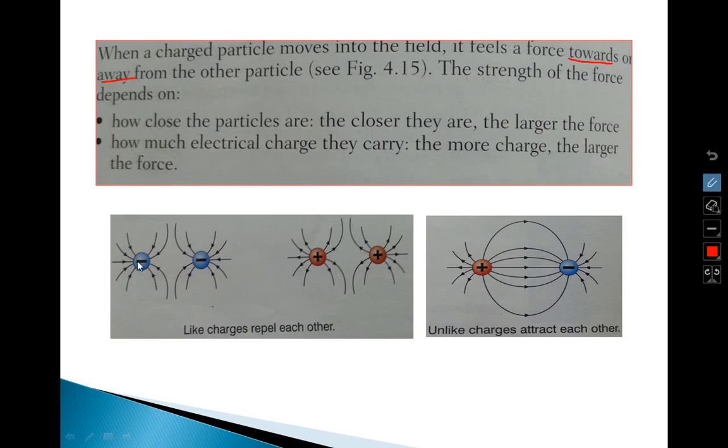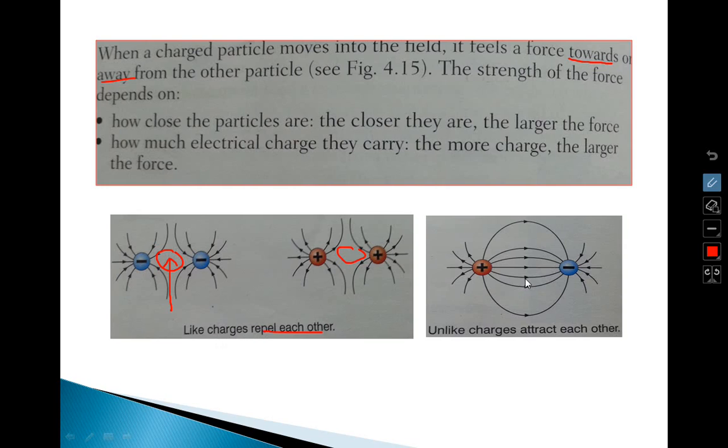Here it's a minus 1, so there is a force here, and positive, there is a force here. Like charges, negative or positive, repel each other. The force here is called repulsion. So the same ones, positive or minus, like charges, repel each other.